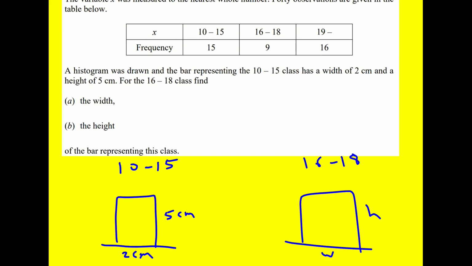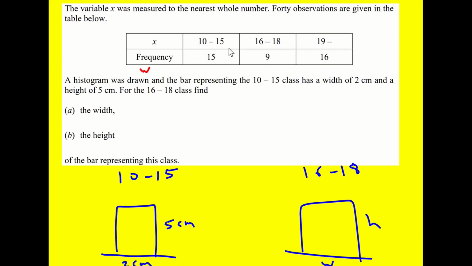So how am I going to do that? Well, again, let's do similar to before. The width is going to, again, it's the nearest whole number, so 9.5 to 15.5, it's going to be 6. And for 16 to 18, it's going to be 3.